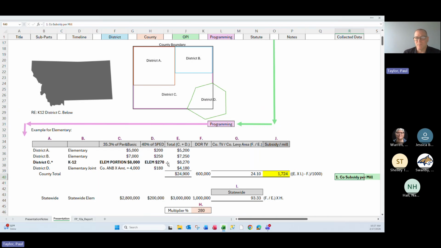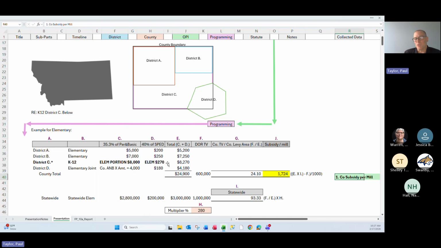These two aren't hard to split out by level, elementary and high school, because they are a per A and B distribution. A and B again is done by budget unit, so I can put the E and the M together to get the elementary portion.